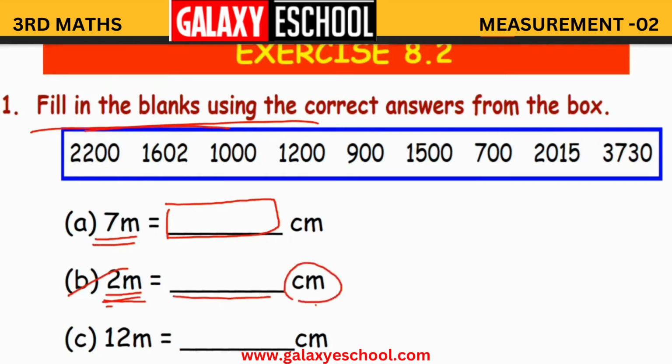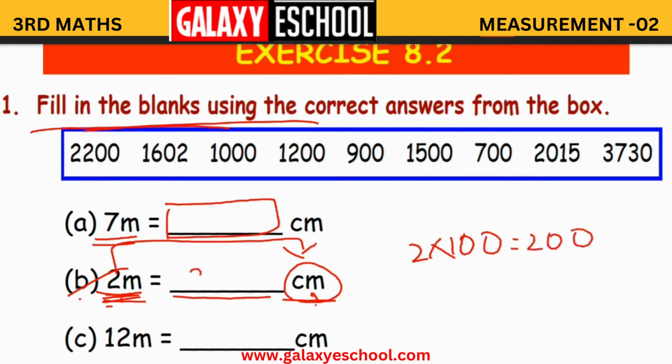So from this you need to understand that these meters are to be represented as centimeters. That means we need to convert these 2 meters into centimeters. 2 into 100 is equal to 200 centimeters.